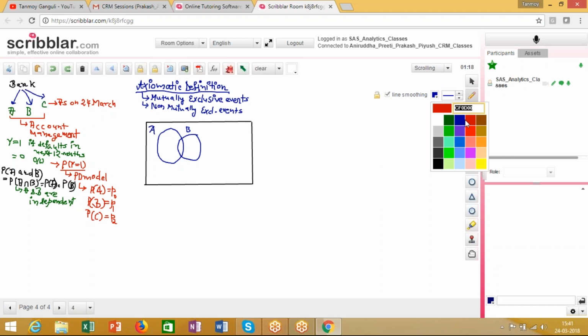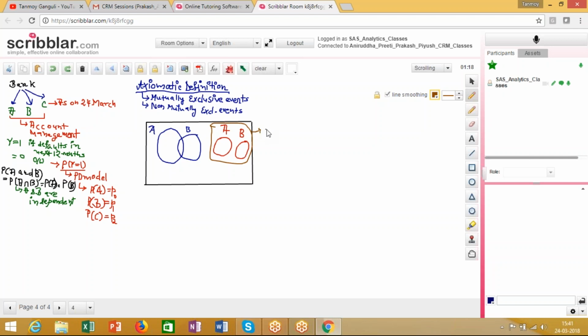On the other hand, what we have is event A and event B separate, right? This red part that we saw was purely the classical case.